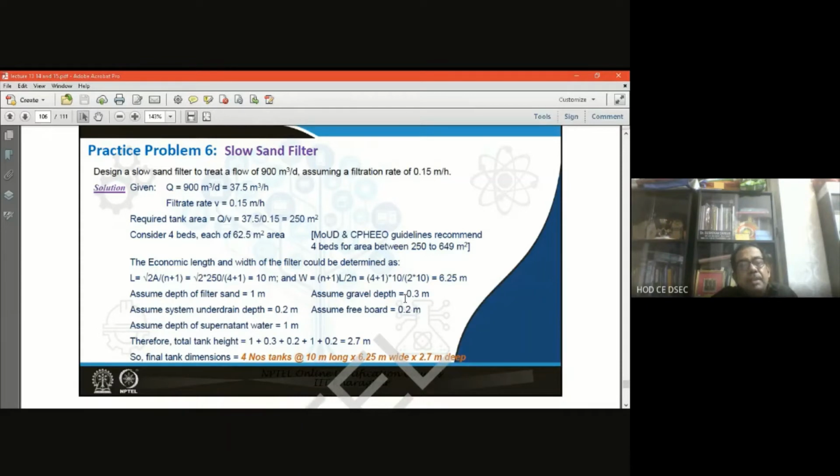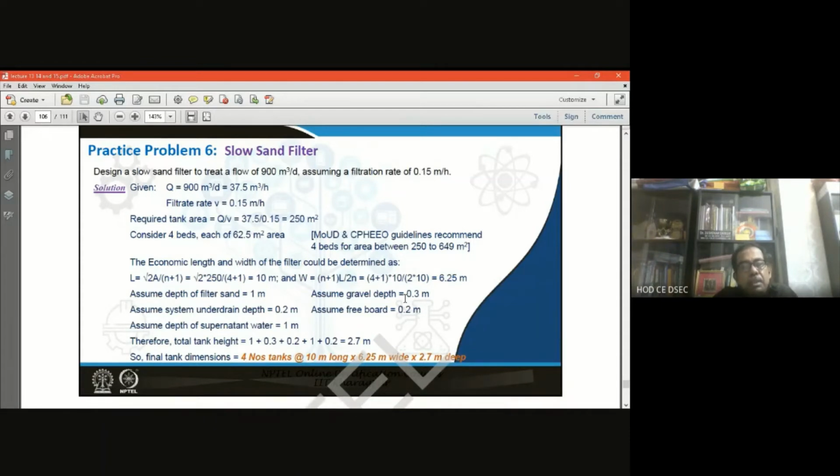So it is given that Q is 900 meter cube per day. By converting, it is 37.5 meter cube per hour, because we have divided by 24. Now, the filtration rate is 0.15 meter per hour.